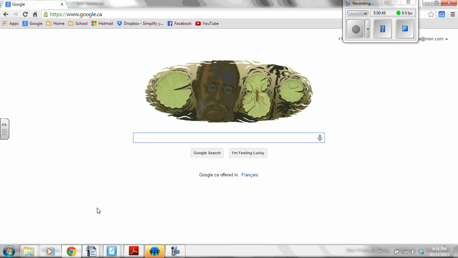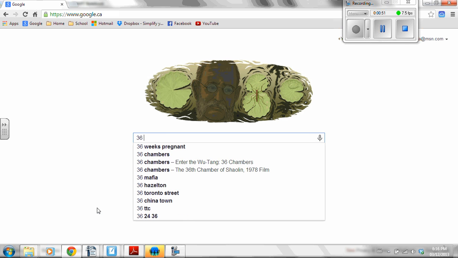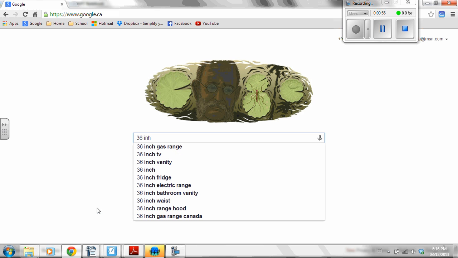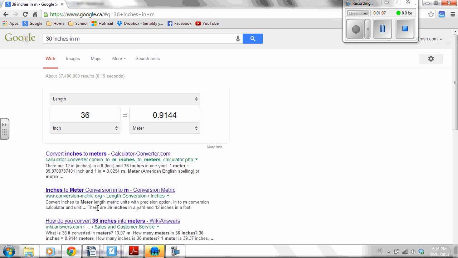So I just type 36 inches in meters, and their little Google translation thing comes right up. Look at that. 36 inches is 0.91 meters, and that's it.